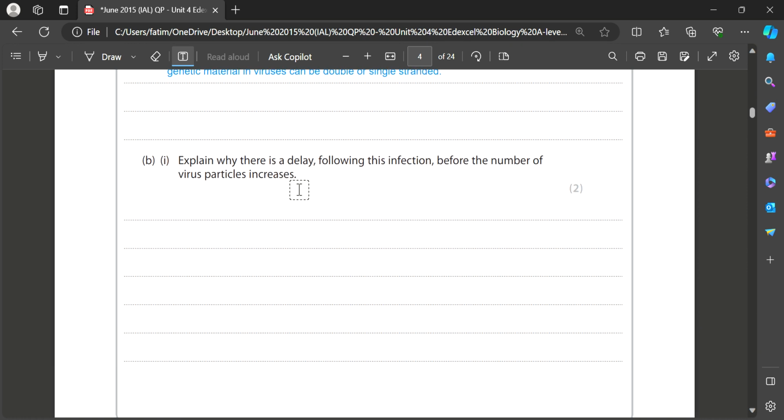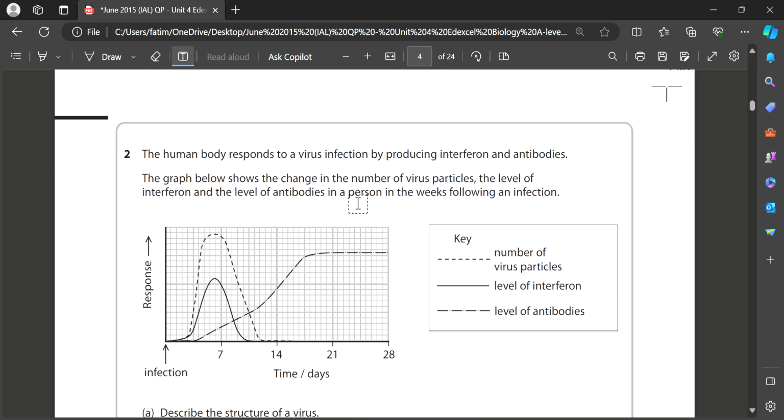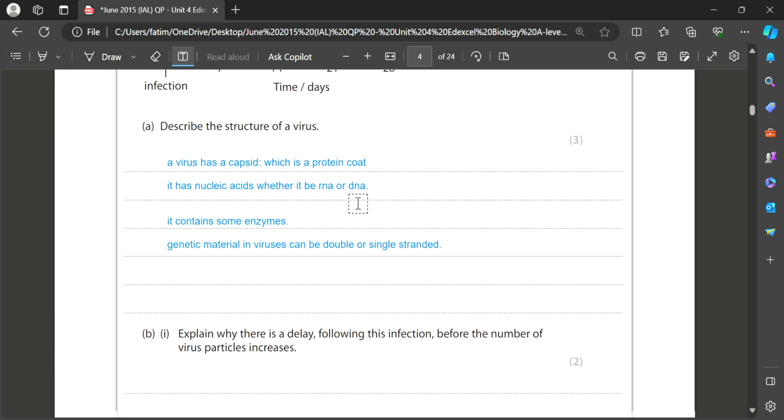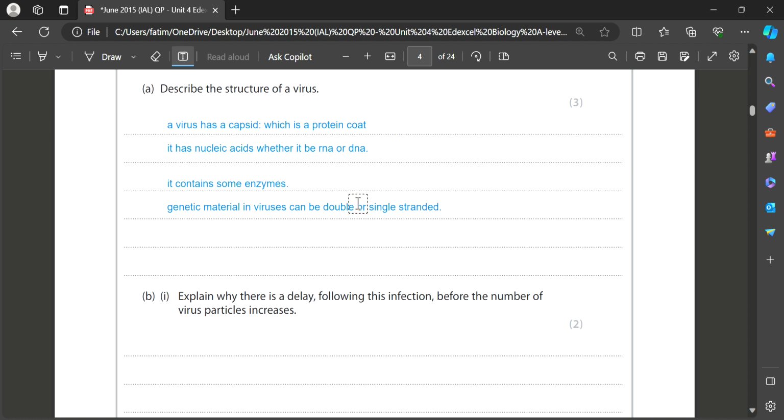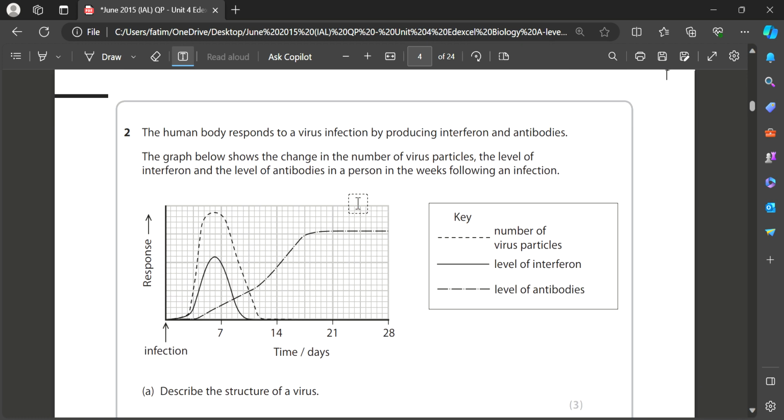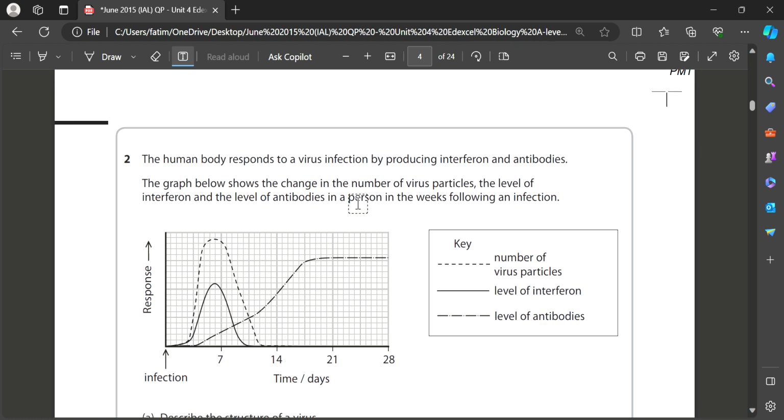Explain why there's a delay following disinfection before the number of virus particles increases. Okay, let me read it again because I didn't read the question. It says the human body responds to a virus infection by producing interferons and antibodies. So first of all, just for my own stuff, I'll put in the words over here: interferon and antibodies. What are interferons?